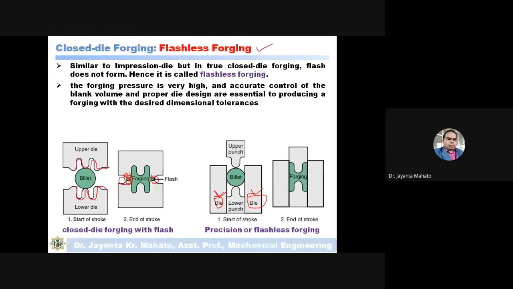According to this, you have to supply that amount of blank volume material, because there is no flash, meaning no extra material you have to supply.